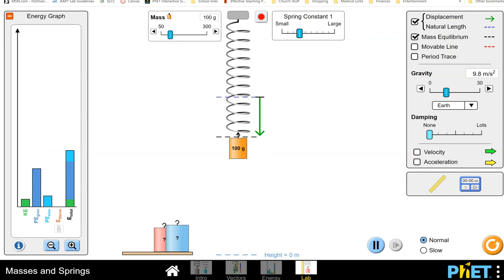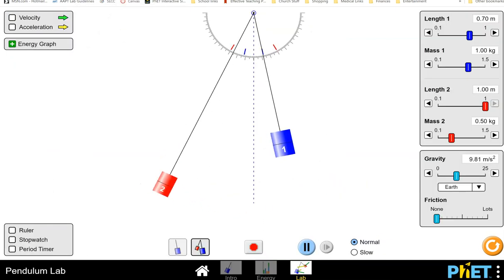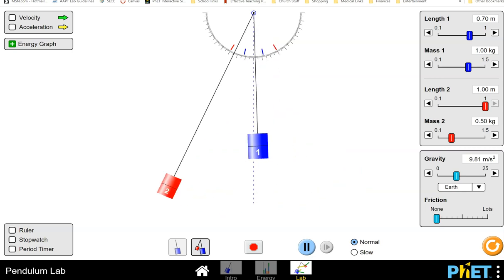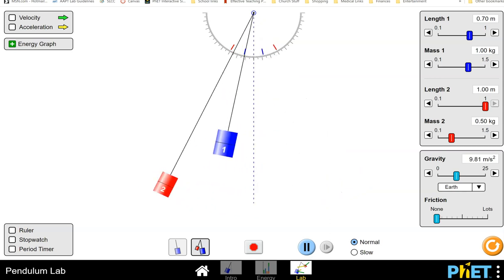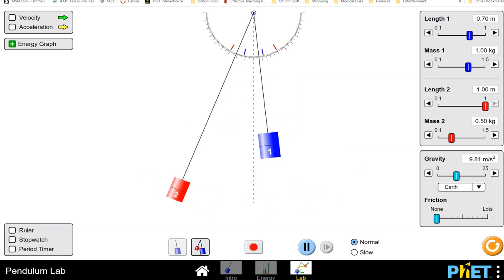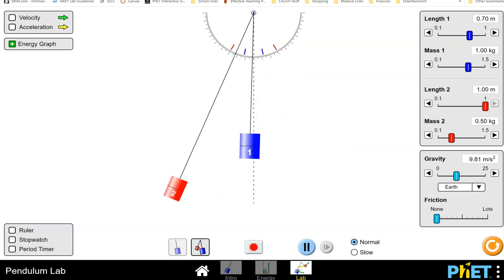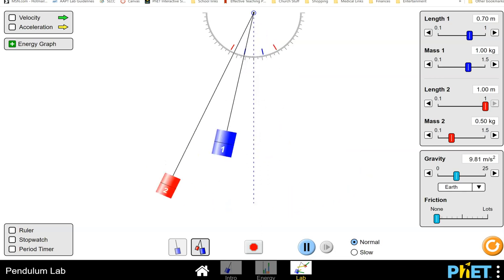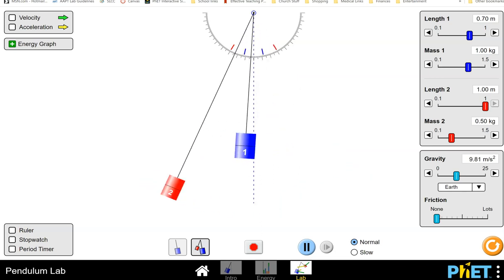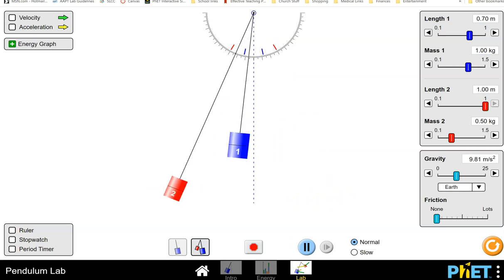Another situation that's common is a pendulum. So this simulation represents two simple pendulums. By simple, all the mass is concentrated at the end of a string of some sort. Here I pulled them to two different angles and got them swinging back and forth.